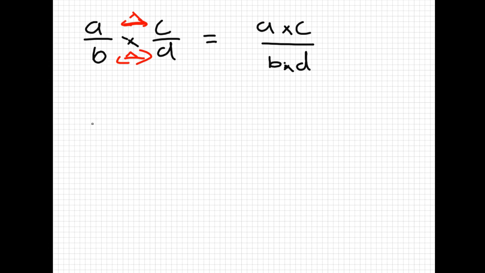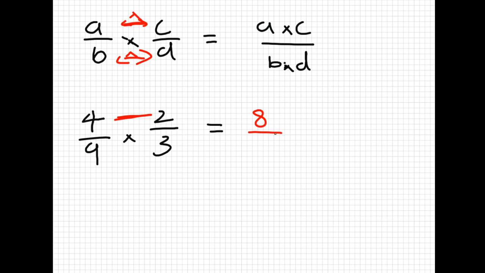So, example. Let's say I have 4/9 times by 2/3. All we have to do is multiply the top numbers together to get 8 over bottom numbers together, 27.